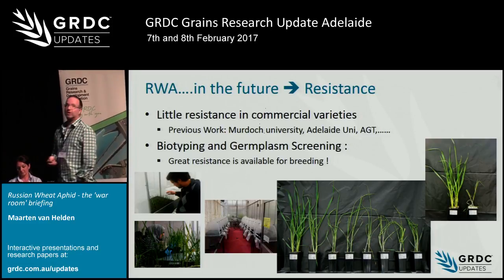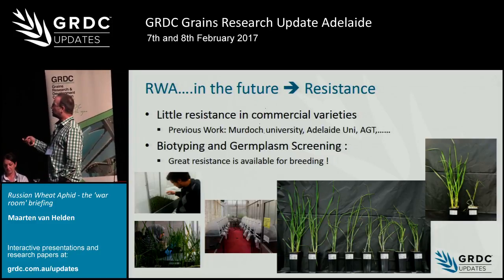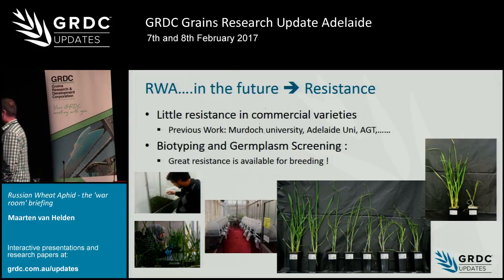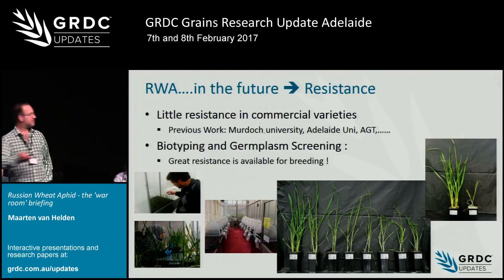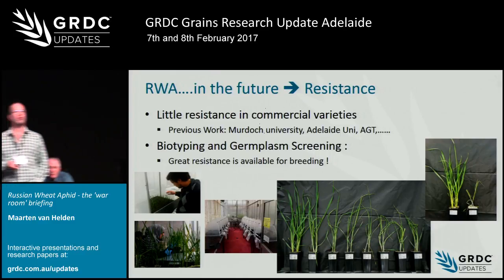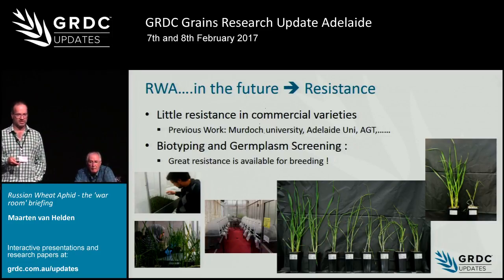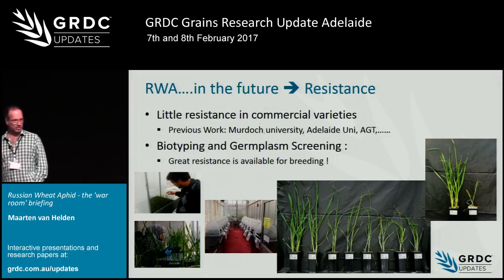But I think the breeders will be very quick to jump on this project, and like I said, there's good resistance, so they should be able to develop resistant varieties quite quickly. Resistance can be overcome, as Frank already said. Let's hope that with an intelligent approach, we could maybe postpone that issue for more than just a couple of years and grow cereals without the need for insecticides to control Russian wheat aphids.